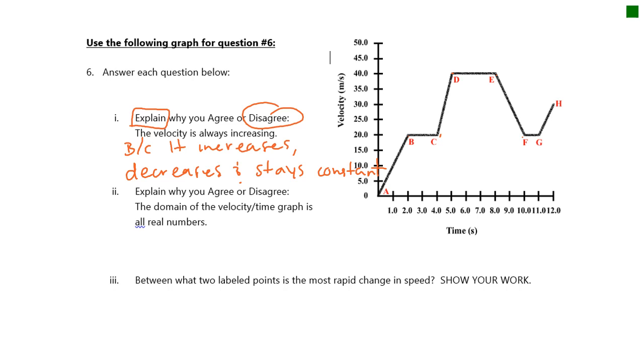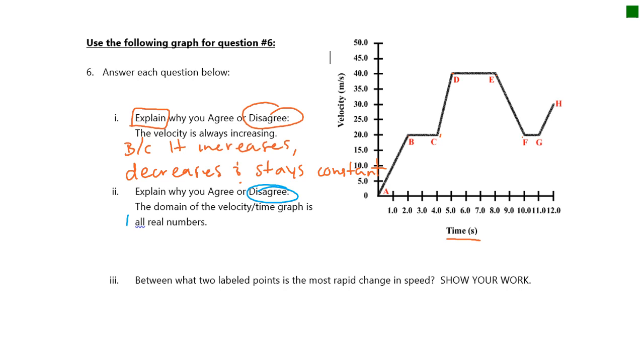Alright, next. Explain why you agree or disagree. The domain of the velocity over time graph is all real numbers. So they're telling you that domain, you should know that's x, we're talking about the time. The time of this graph has all real numbers. I'm gonna disagree because we should know, and if you don't know, that's fine.